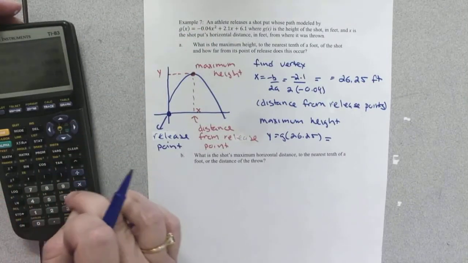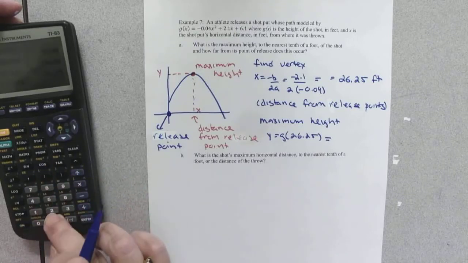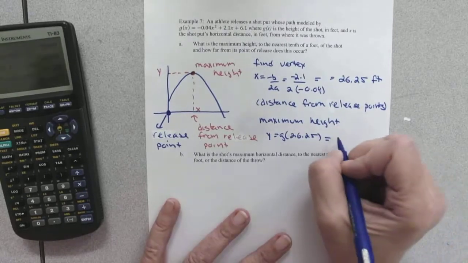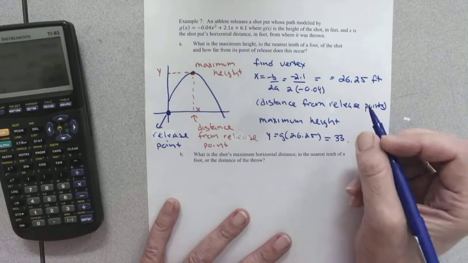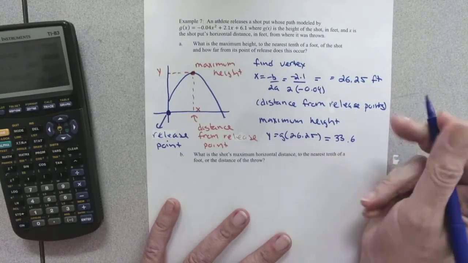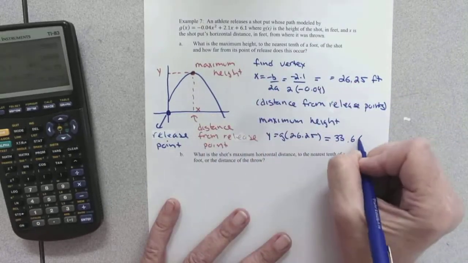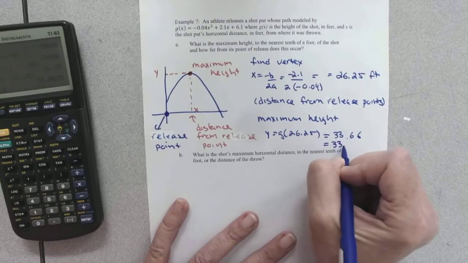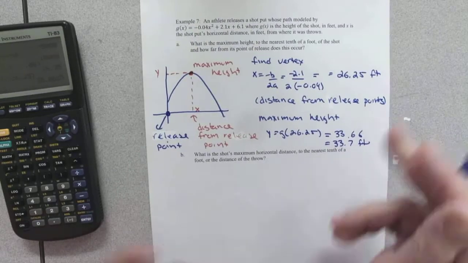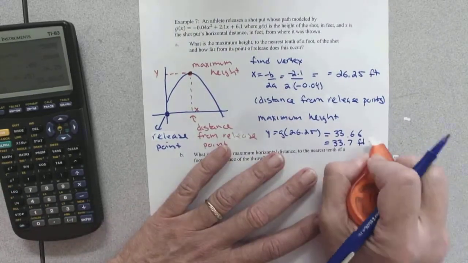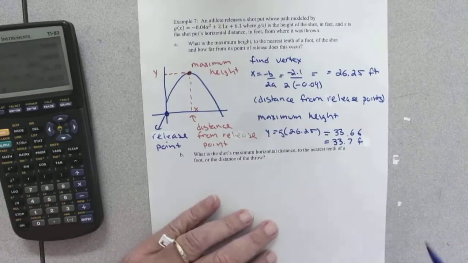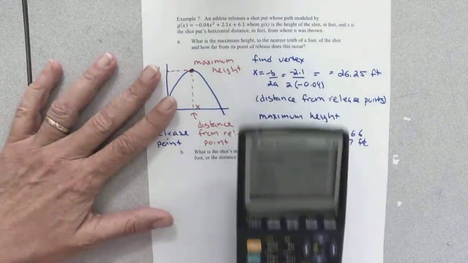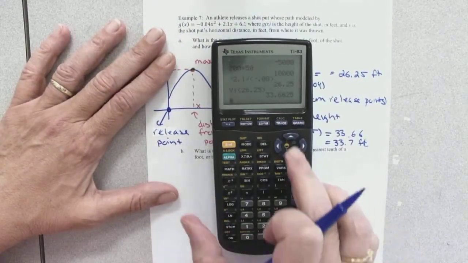And when you do that, it comes out to be 33.6, and it says to the nearest tenth of a foot, so my calculator gives me 33.66 or 33.7 feet. And there's the first question, and then we can check this because we had the graph.